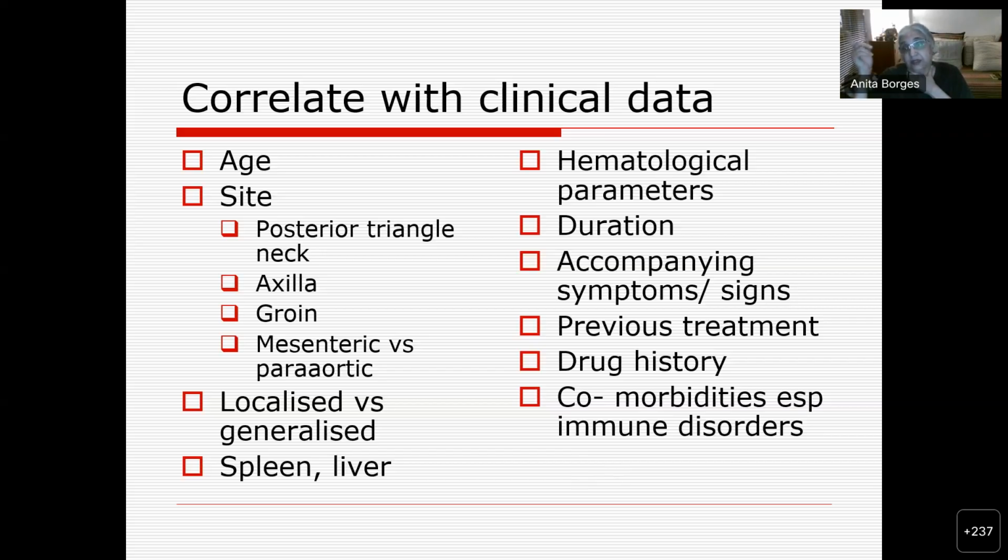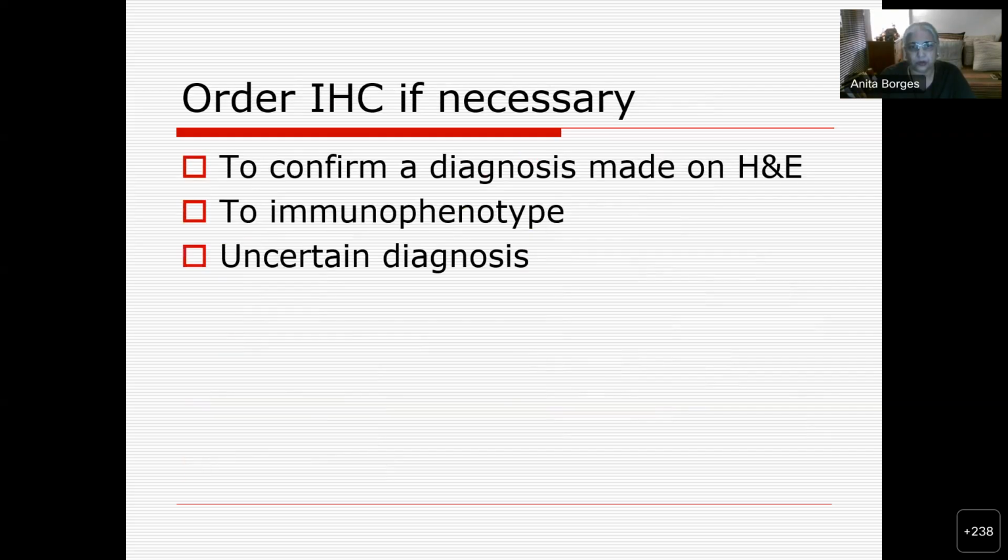But yes, I have seen lots of drugs that produce peculiar reactions in the skin, and those are T cell predominant, and they can be really difficult unless you know that this is a drug reaction. So if you're talking about lymph nodes, it's not very common, but yes, in the skin, a drug history is very important. Comorbidities, immune disorders, we need to know about.